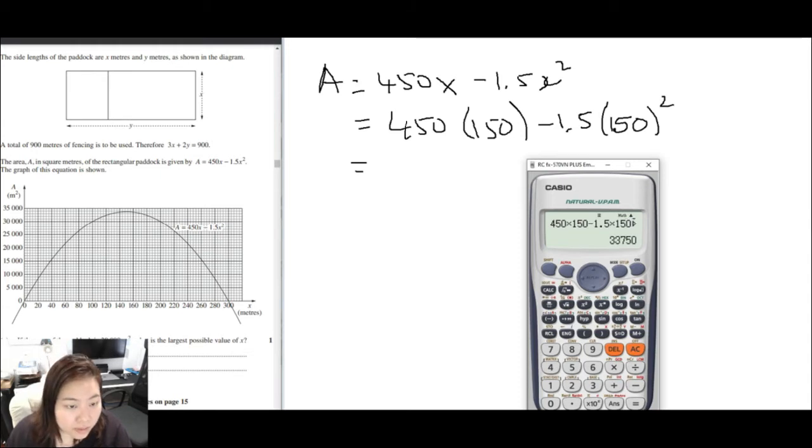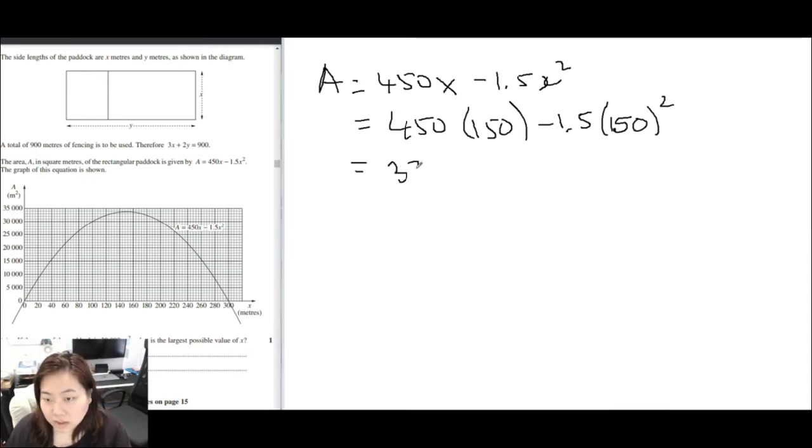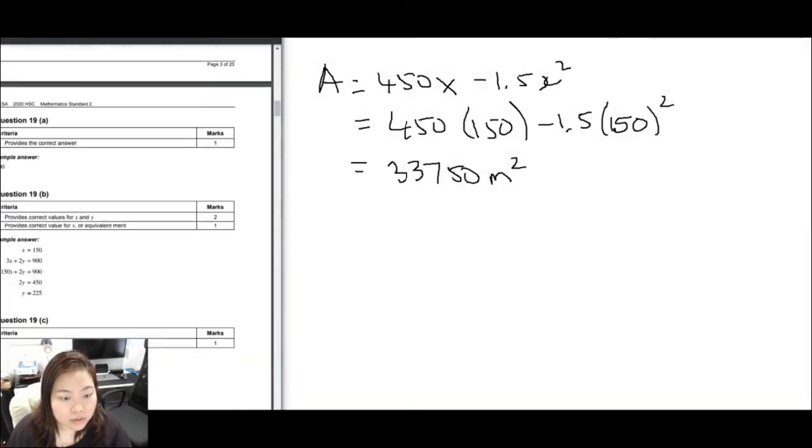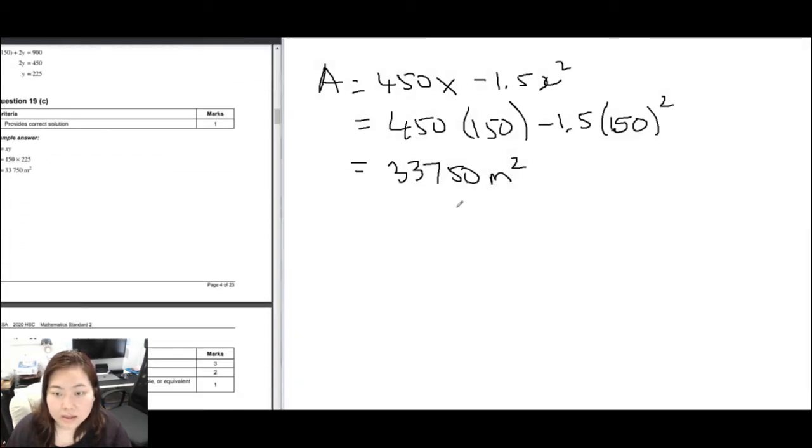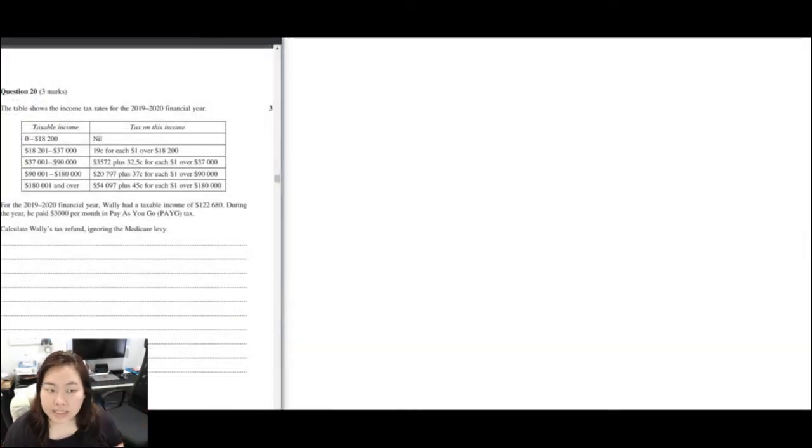Does that sound right? Yeah. Okay, that looks right. 33,750 meters squared. Yay! Question 20.